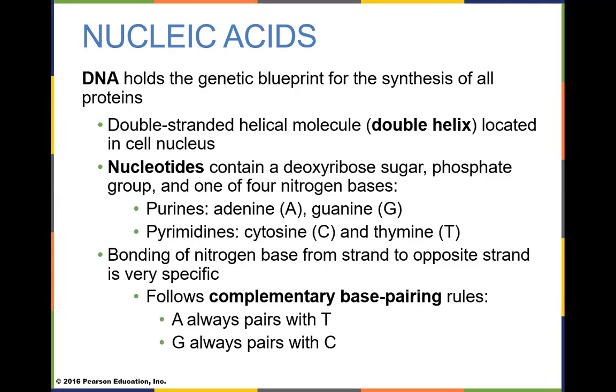It's just that the segments that make them a muscle cell are turned on, and everything else is turned off. A liver cell has all the instructions on how to be a liver cell turned on, and everything else turned off, but the information is all there. Now, the DNA molecule itself is a double helix. It looks like a ladder, if you will.